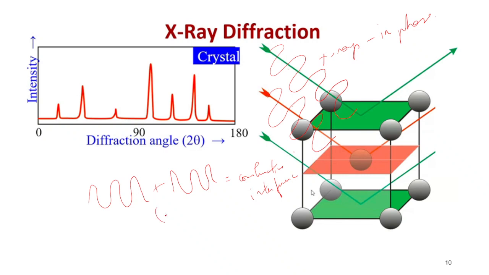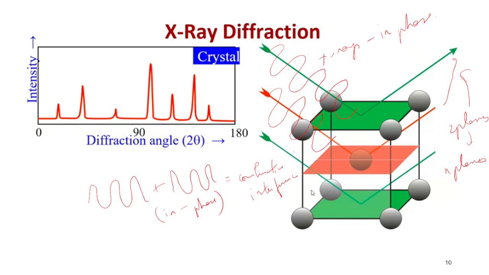So both waves should be in phase. Though there are many planes, for theory we usually consider only two planes. If we consider two planes, we can extend that to n number of planes.